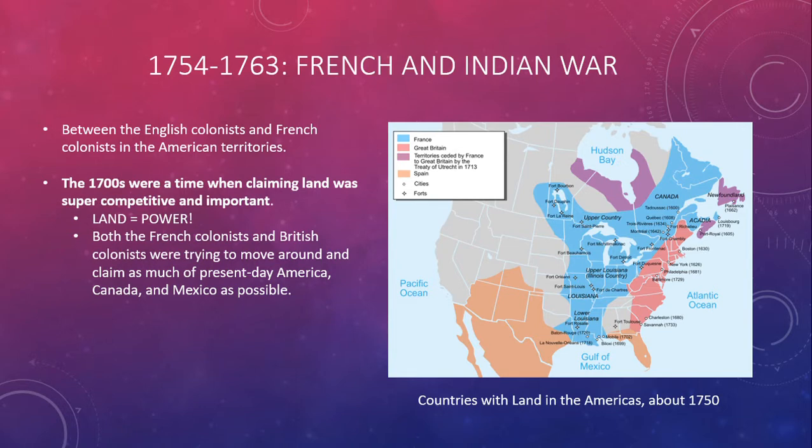This naturally led to tension. And then things get even worse in about 1749 when the French colonists launch an expedition into the territory claimed by the British colonists. So they go into the Northeast.